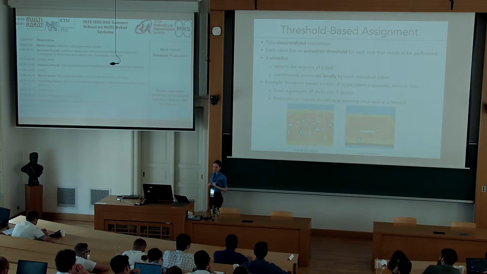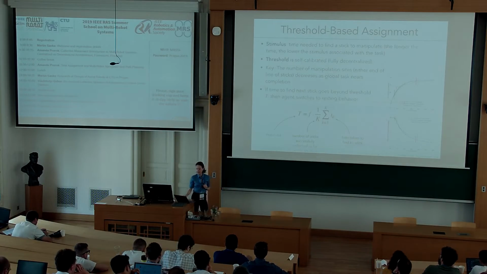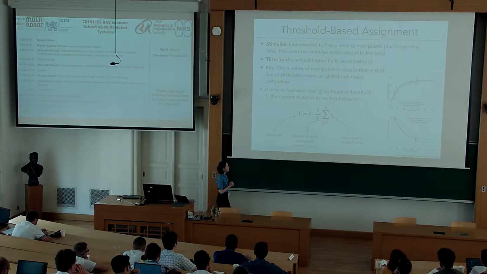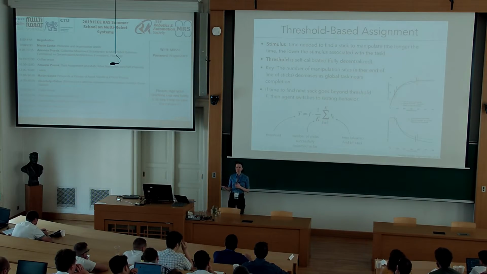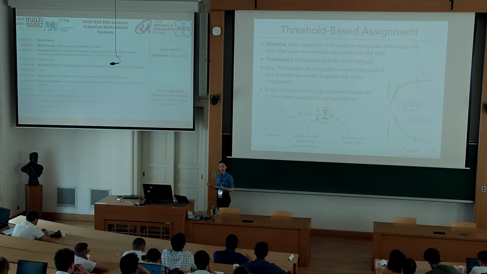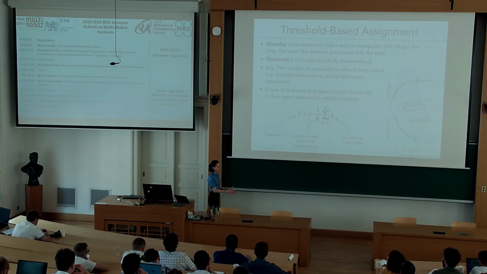And so what was really smart about this paper was that the researchers said that the local stimulus is essentially going to be the time it takes for the robots to actually find a pole that is grippable, right? So you can already imagine what this meant for the system overall, because as these robots roam around, they take these poles and they place them into that line of poles that they're trying to create, and then they continue roaming around.